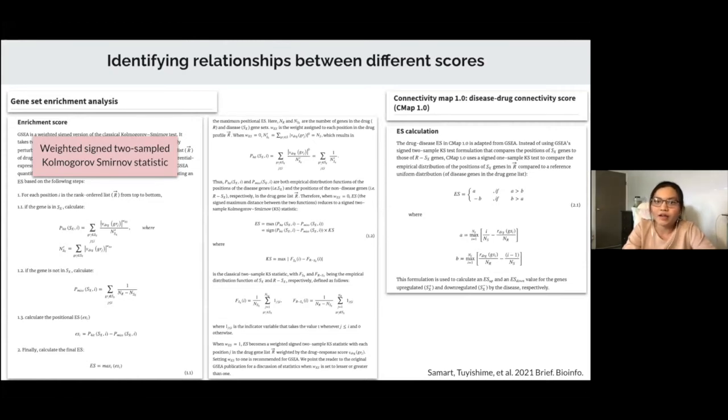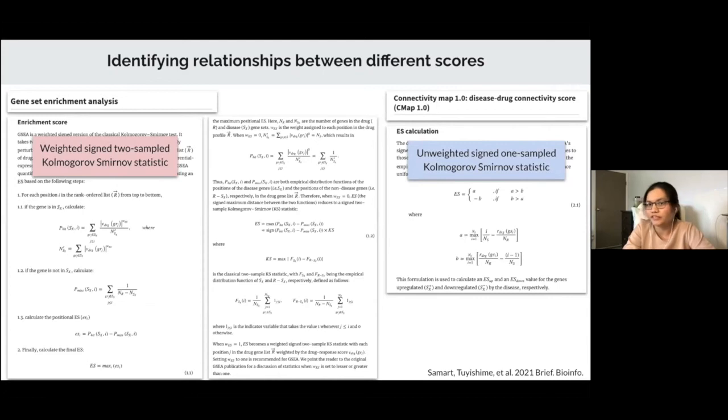The CMAP 1.0 method is based on GSEA, but it is an adapted version: instead of the two-sample Kolmogorov-Smirnov statistic, they use an unweighted one-sample Kolmogorov-Smirnov statistic.